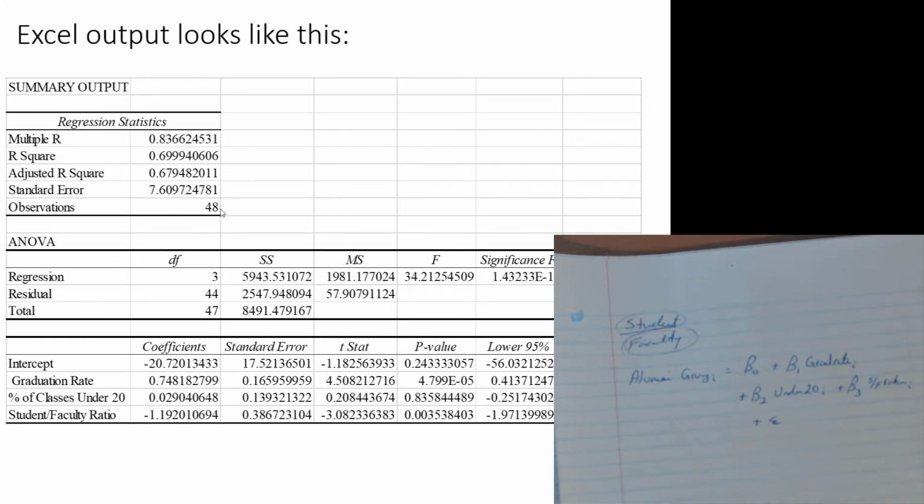We have 48 observations. In the middle here, we have our ANOVA, which was just our testing table for whether the model is significant. We'll get into the details of the structure of that particular F test towards the end of this unit.